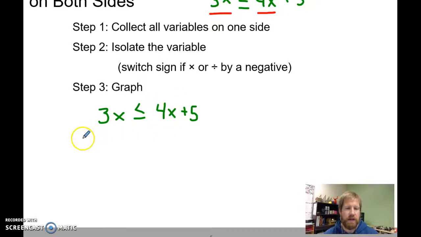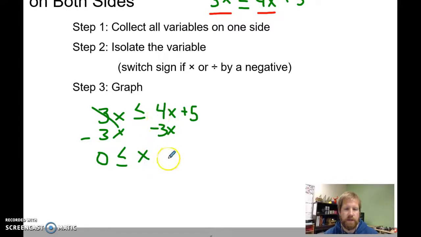So in this case, I could subtract 3x from both sides, and I'm left with 0 less than or equal to x, 4 minus 3, plus 5, and then I would just subtract 5, and I'm left with negative 5 is less than or equal to x, or x is greater than or equal to negative 5.